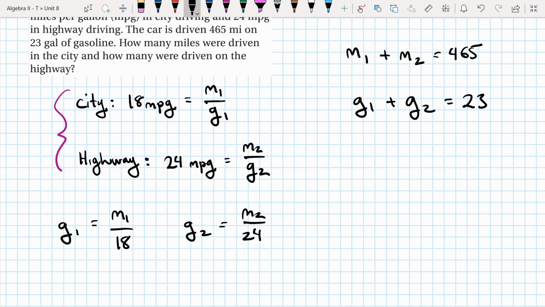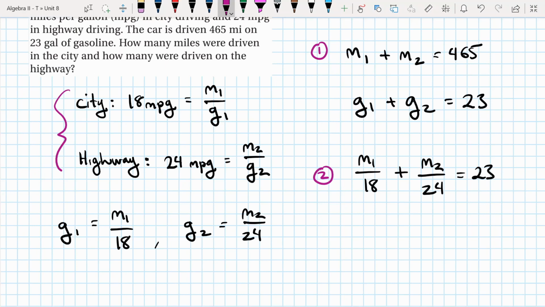And we're going to plug these values into the second equation. So instead of G1, we're going to write M1 over 18, and then instead of G2, we're going to write M2 over 24 equals 23. So we're going to use this as our first equation, and then this will be used as our second equation because they have the same variables.